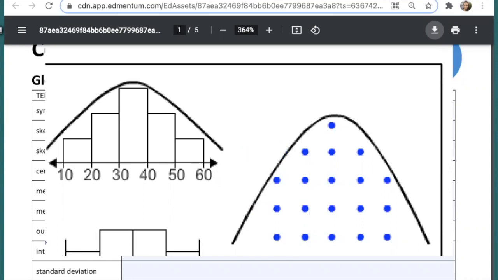And then this graph is a box and whisker plot, and the line in the middle is the median, the number in the middle. So it's 30, and here the number in the middle is 30, and also this one, the number in the middle is 30. And then we have our outliers. Our smallest number is 10, and our largest number is 50.